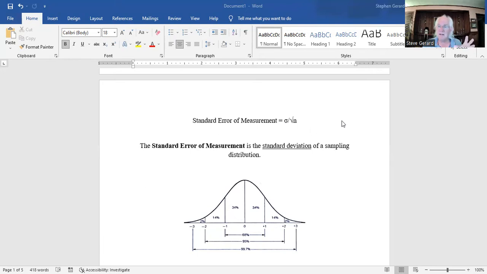So the standard error of measurement is the population standard deviation, not your sample standard deviation, divided by the square root of n. As n gets larger, that number gets smaller. As n gets smaller, the denominator gets smaller and so the standard error of measurement is bigger. And the standard error of measurement is the standard deviation of a sampling distribution.